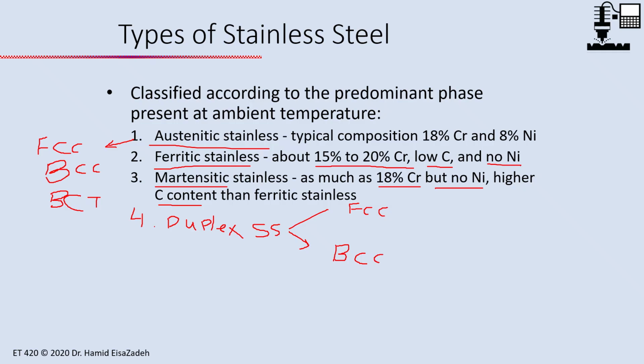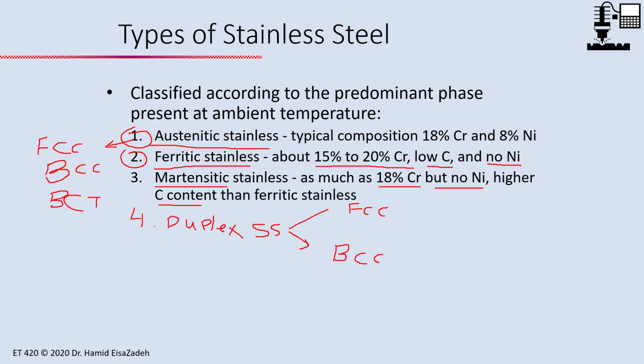Another way to say it, 50% of duplex steel is ferritic, and 50% of duplex is austenitic. So it's a mix of these two steels. And it's strong. This is a hard material.